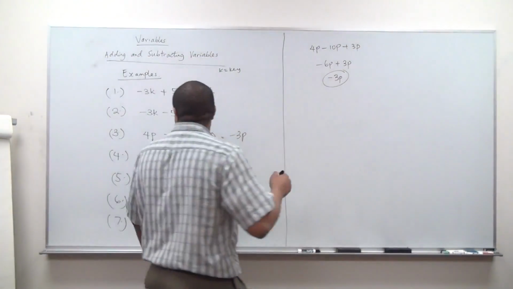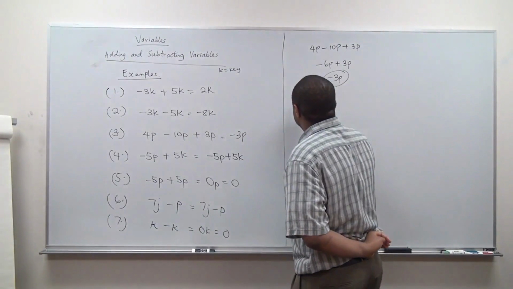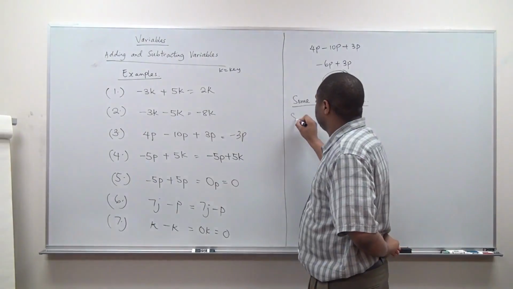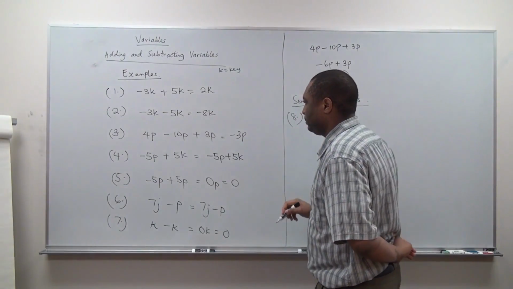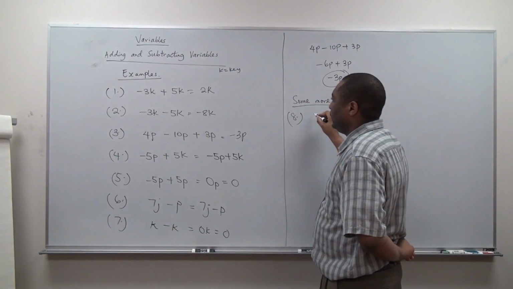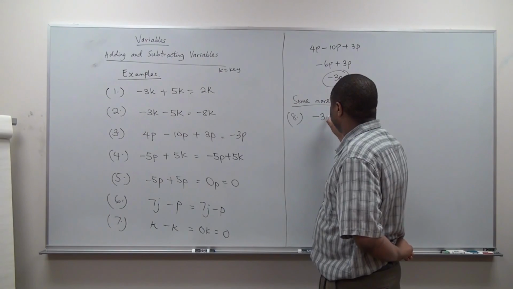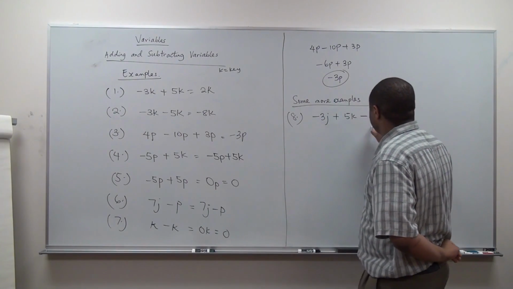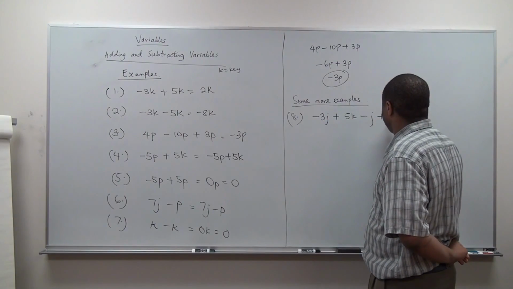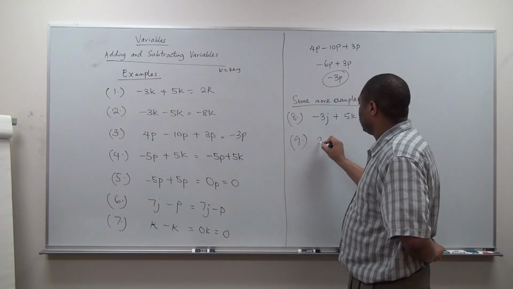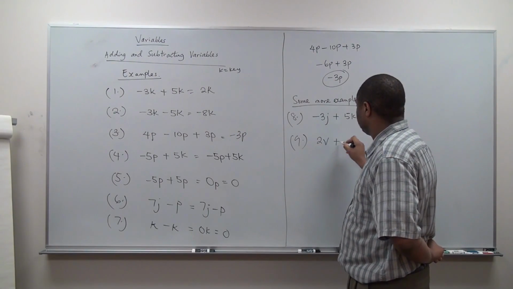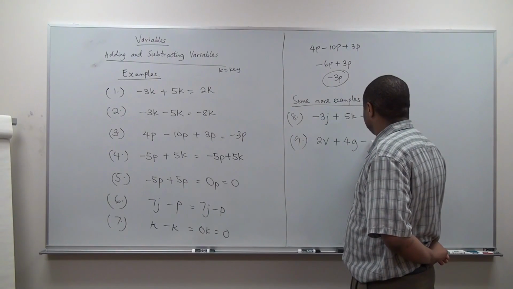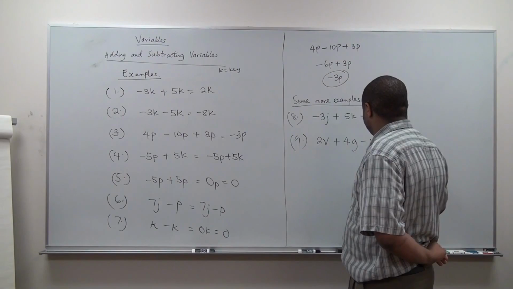Let's look at some more examples. In this case, more complex problems. If we have something like negative 3j plus 5k minus j plus 2k, we have 2v plus 4g minus v plus 5.